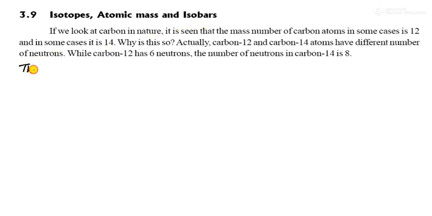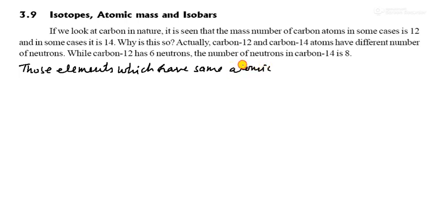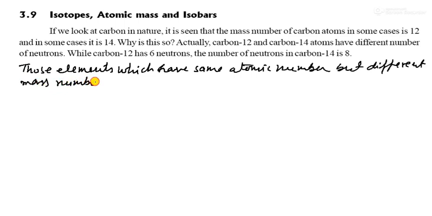So those elements which have the same atomic number but different mass number are called isotopes.